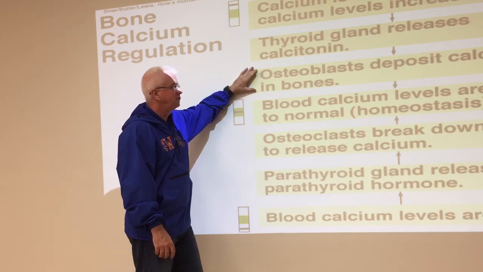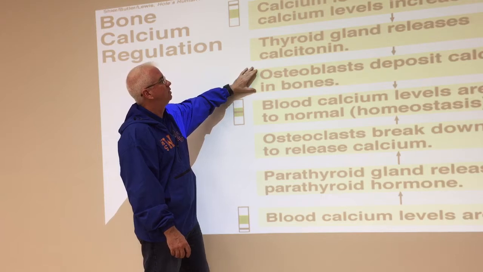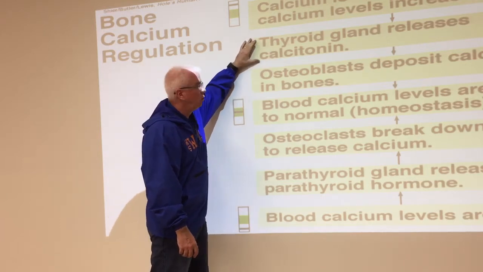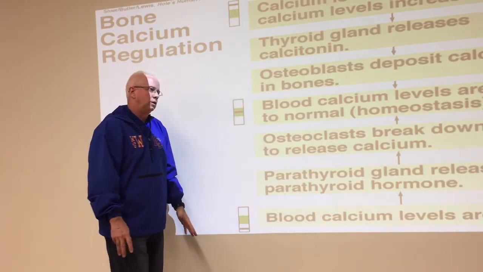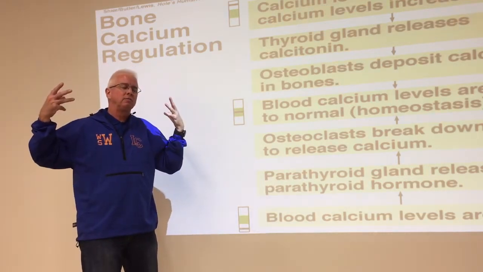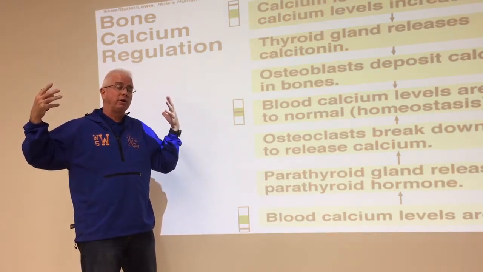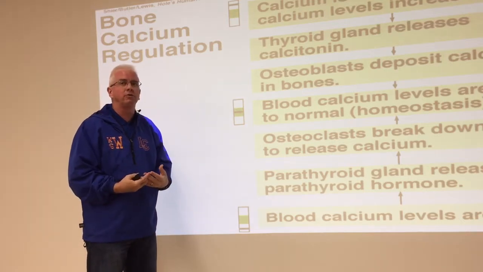Osteoblasts will store calcium in bone in response to a thyroid hormone called calcitonin. So as our calcium levels increase, the thyroid gland makes calcitonin, and it causes the bones to store that extra calcium.